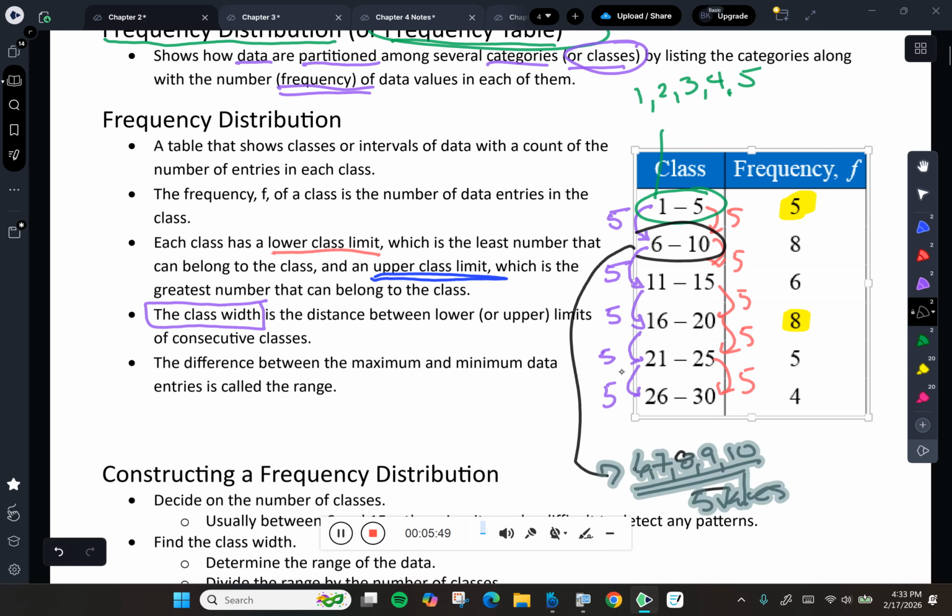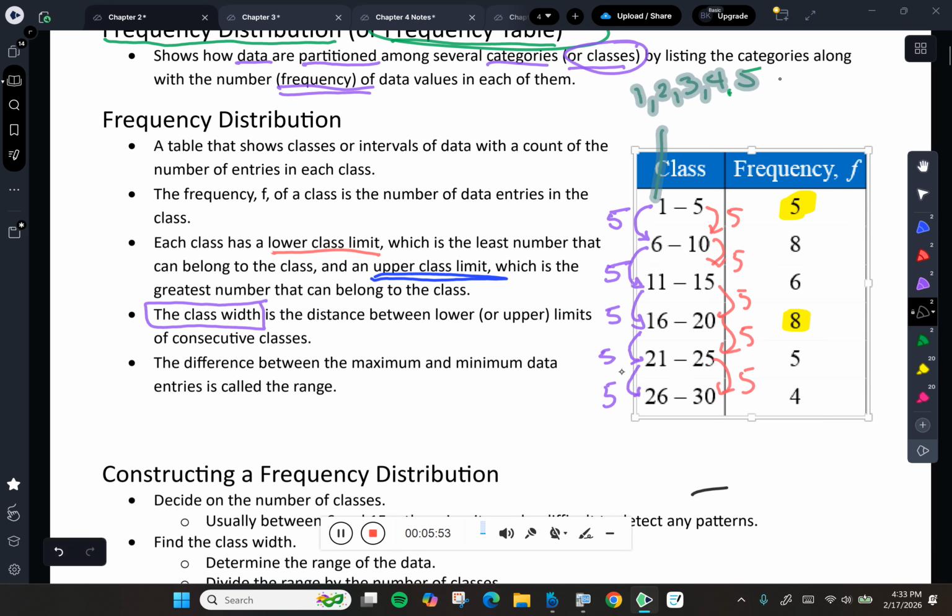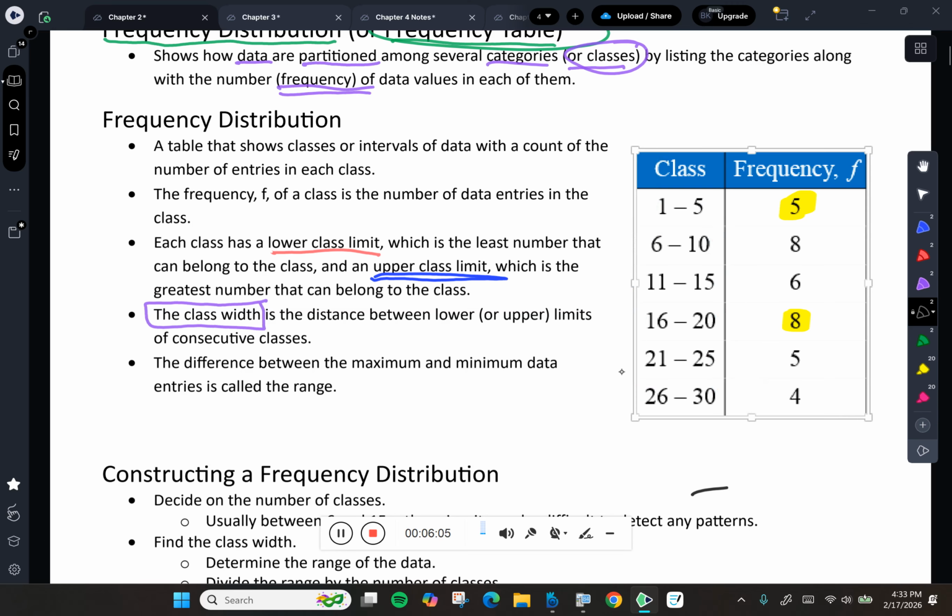All right, so I'm going to erase some stuff so it isn't quite so busy over here, because we have more to talk about when it comes to these things. Right? So I've got lower class limits. I've got upper class limits. I have class widths. I have frequencies for each class. If I take the difference between the maximum and the minimum, I'm looking at the range.